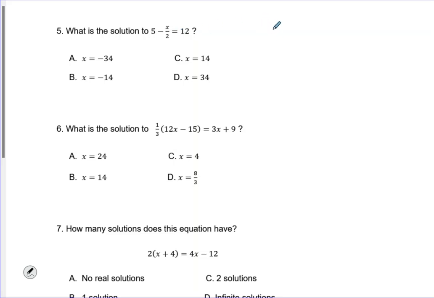Okay, so for this one, you have 5 minus x over 2 equals 12. And then I'm going to go ahead and solve for x. I'm going to take away the 5. This is just a two-step equation. So you have negative x over 2 equals, and 12 minus 5 is 7.